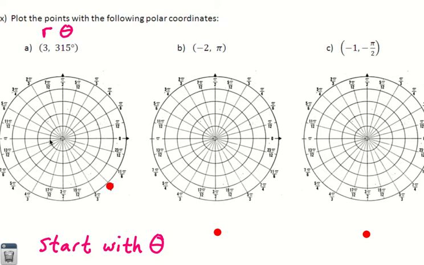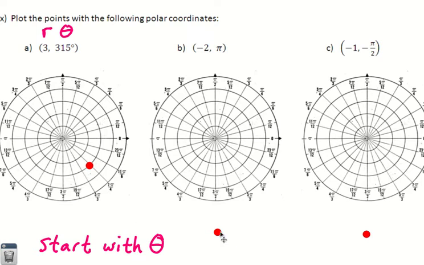This circle would represent a radius of 2. This third circle would represent a radius of 3, and so on. So this would be 315 degrees, and then a radius of 3 would be right there. And so that's where you would plot the point of 3, 315 degrees.